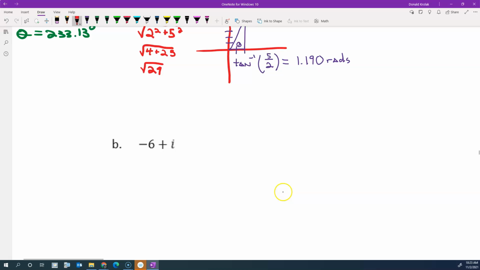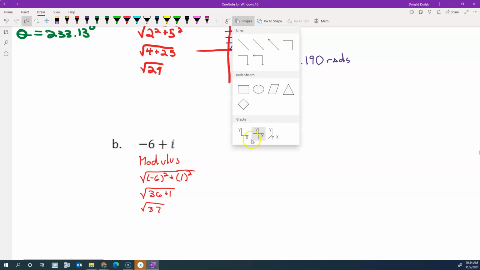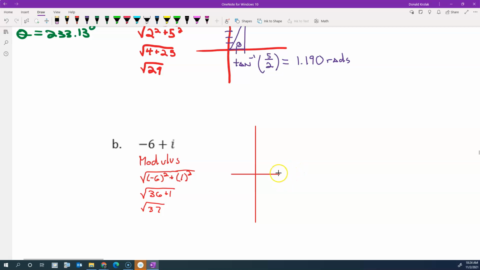Modulus. All right, sketch it. Okay, -6, 1. 1, 2, 3, 4, 5, 6, 1.